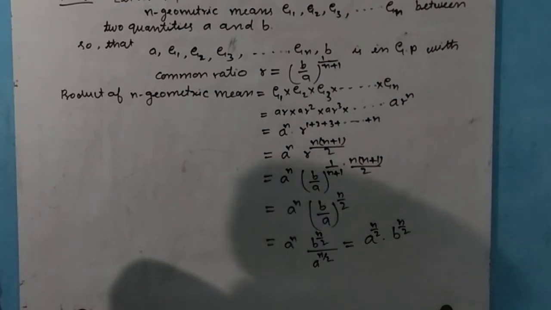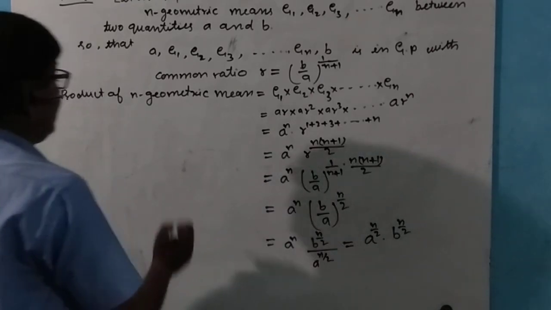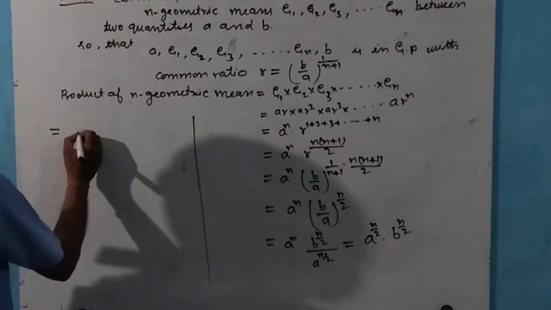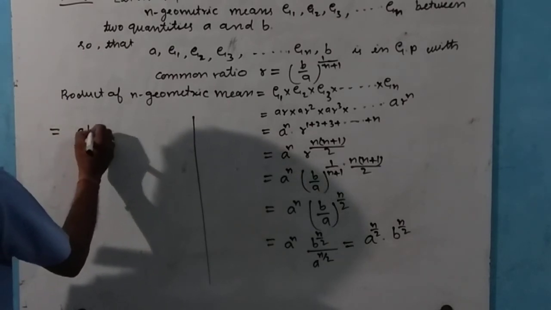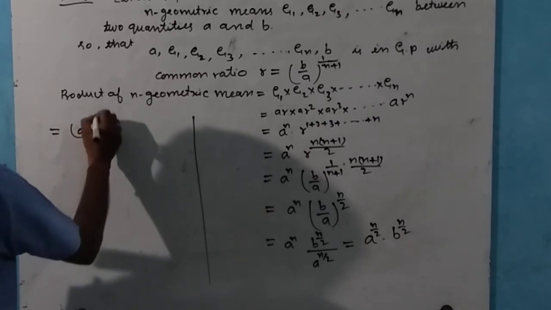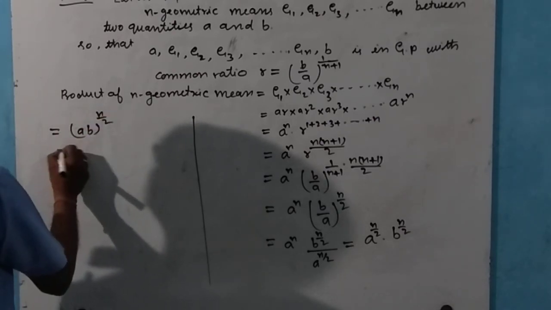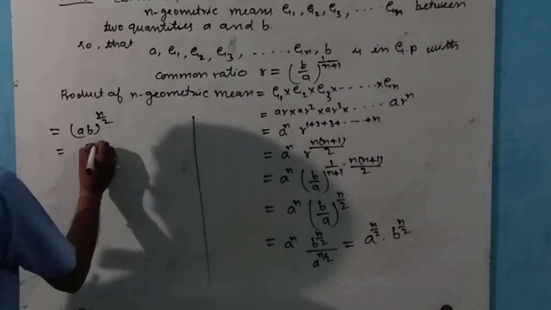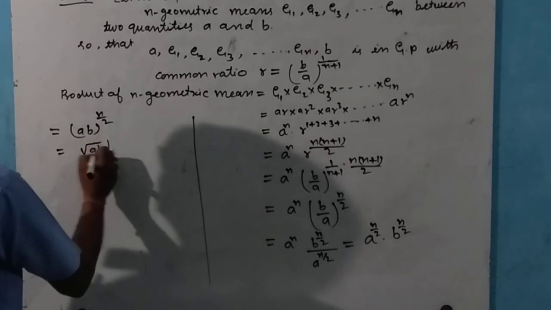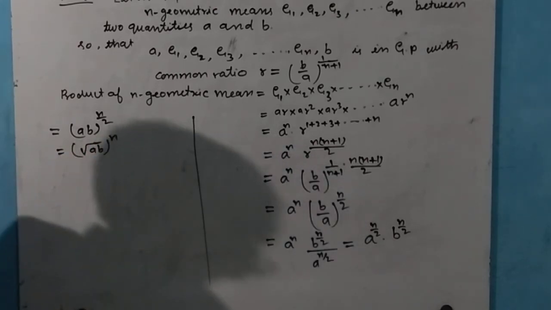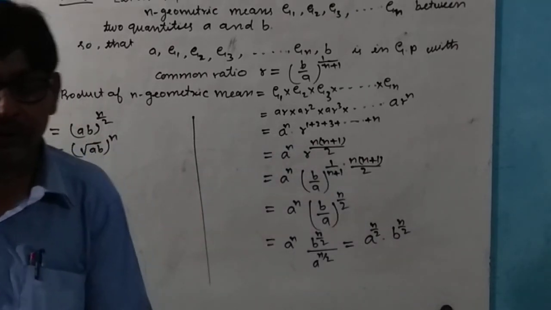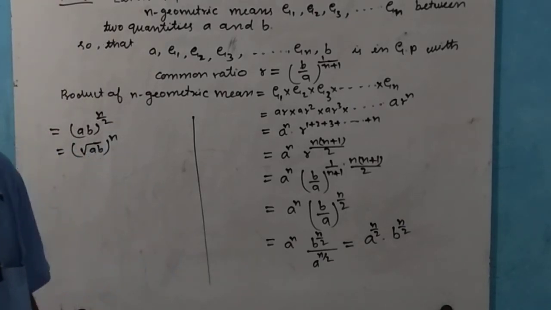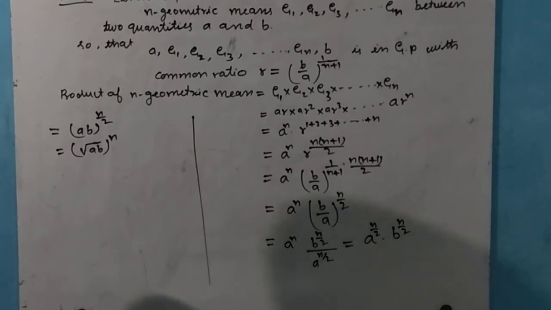Now this can also be written as (ab) to the power n/2. It means that 1/2 means under root, so (ab) to the power n under root, and under root ab equals g.